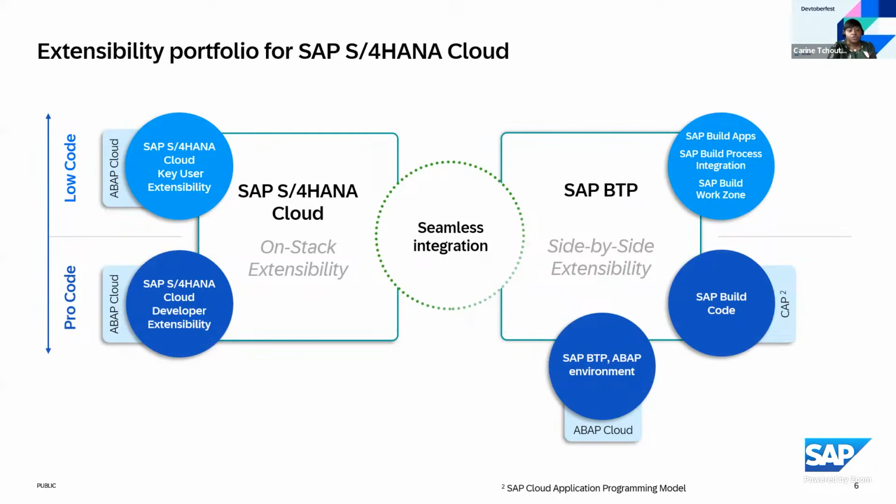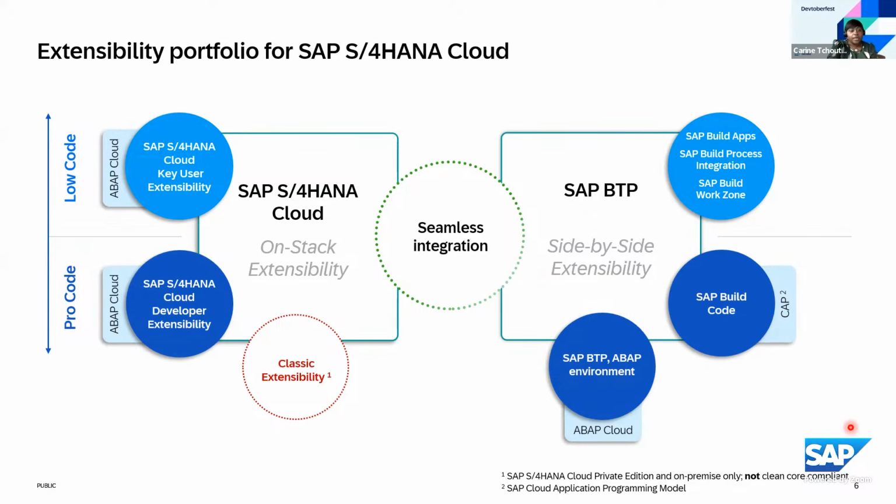As you can see, the portfolio is quite wide, and it's mostly a combination of the different possibilities offered, whether the application is tightly coupled and must be developed directly on the Cloud ERP stack, or whether it is decoupled and we want to fully leverage the advanced services provided on the BTP platform, as well as the skills of the working team.